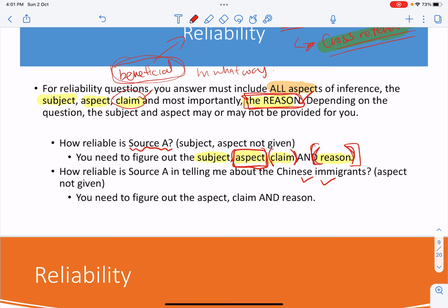Okay, in some cases, like I said before, claim and reason can be the same thing, can be one and the same. However, in the case whereby you're talking about positive, negative, right, then the claim will be different from the reason. The claim will be with the positive, negative part. The reason will be the in what way. Okay, so the claim will be the positive or negative, and then the reason will be your in what way exactly.